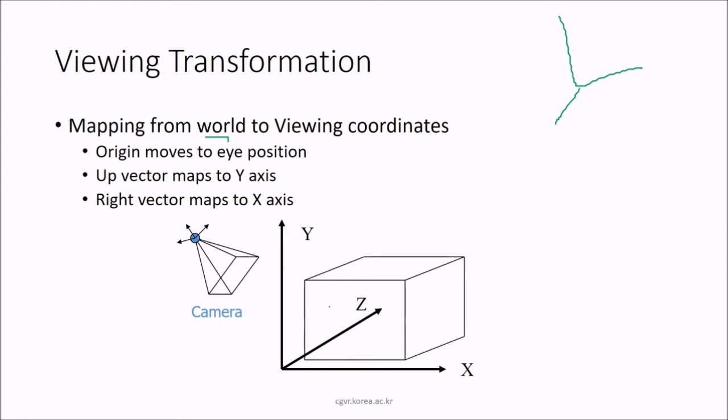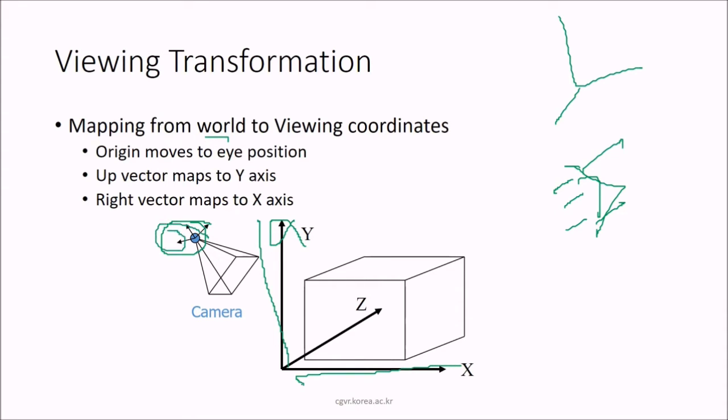The origin moves to the eye position. This is the origin. This is the eye position, or it can be anywhere. The up vector maps to the y axis. The right vector maps to the x axis.